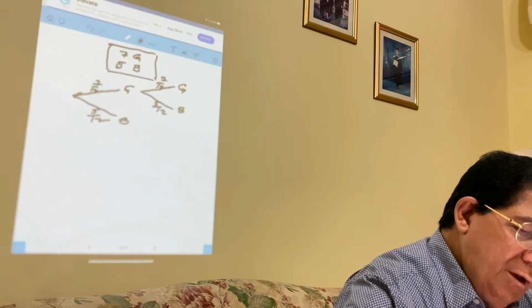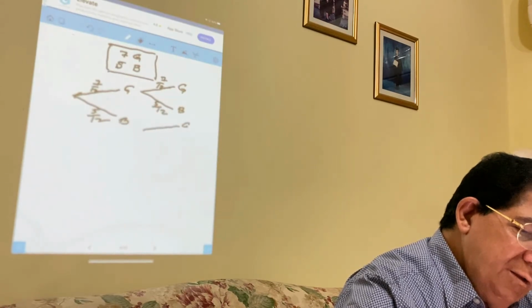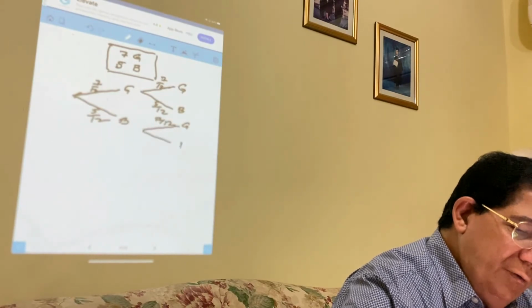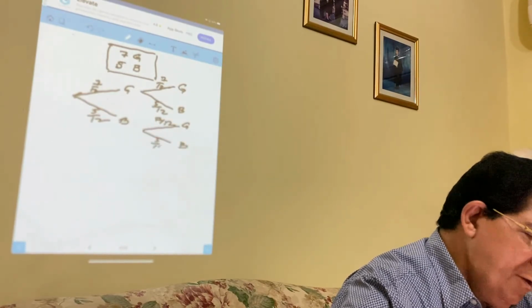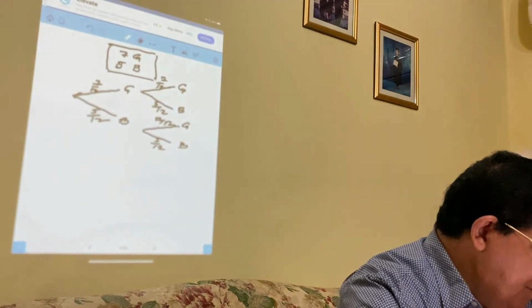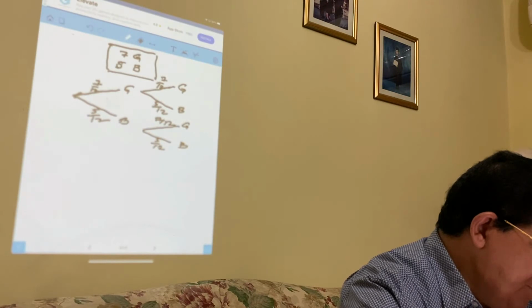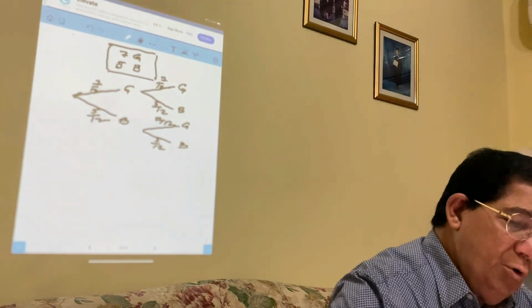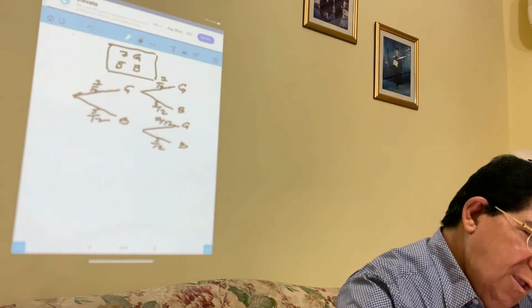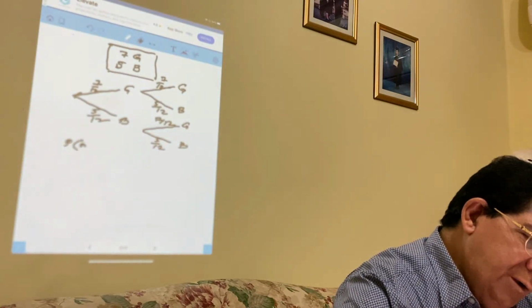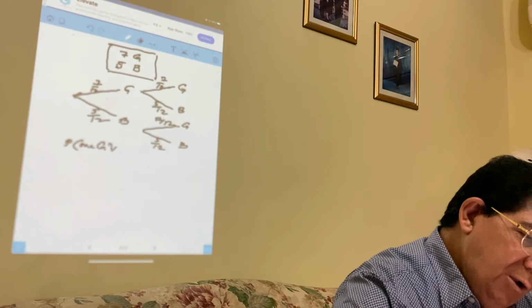And the same thing here. Green, 7/12; blue, 5/12. It says find the probability that one bead is green and the other is blue. I want the probability of one green and one blue.